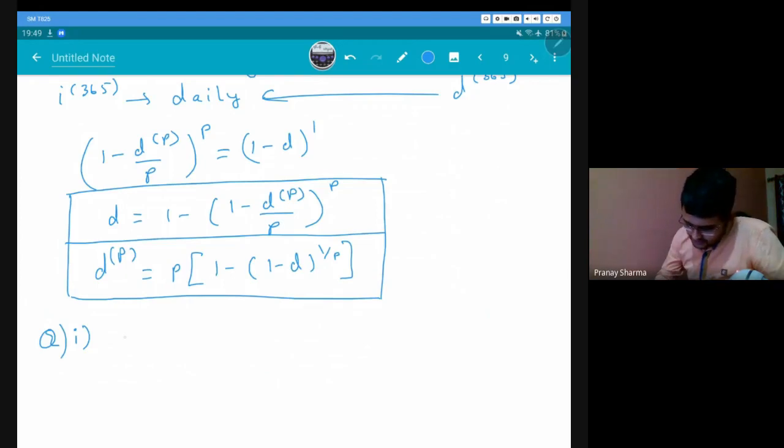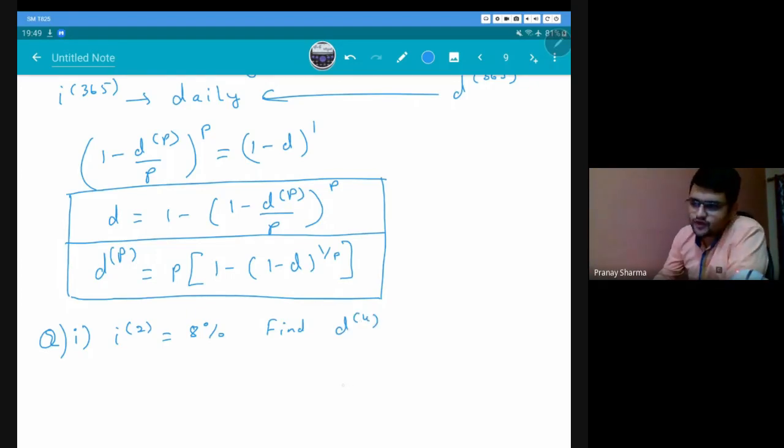So I will say I2 is given as 8%. You will have to find D4. So if you want to find D4, first you'll have to convert your I2 into I, then I into D, and then D into D4. Similarly, let's say D12 equals 9%.